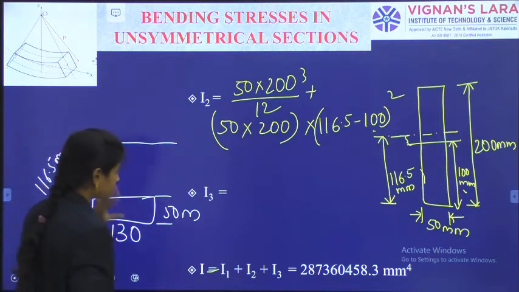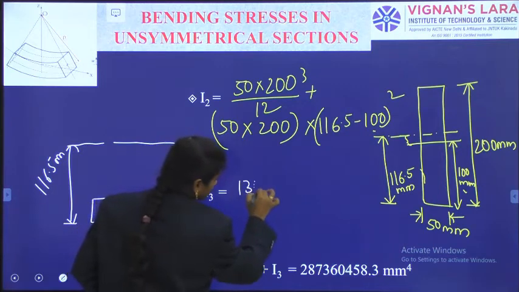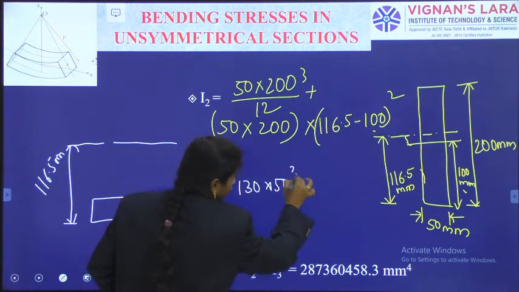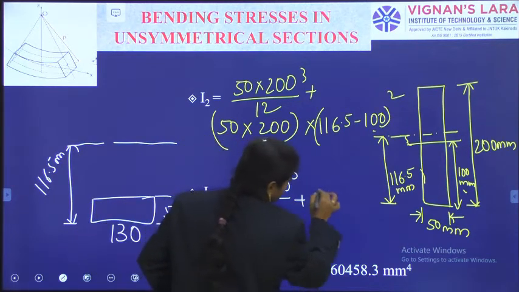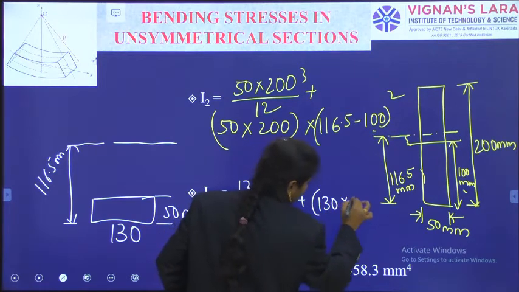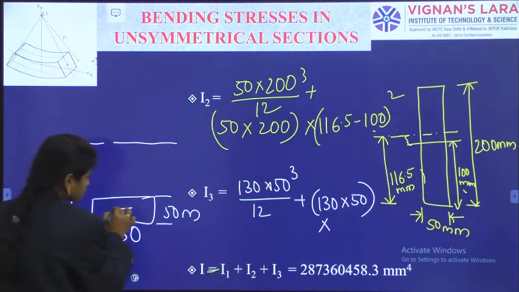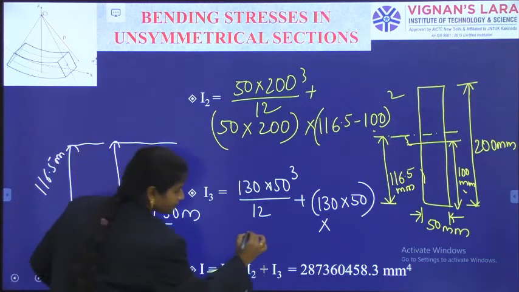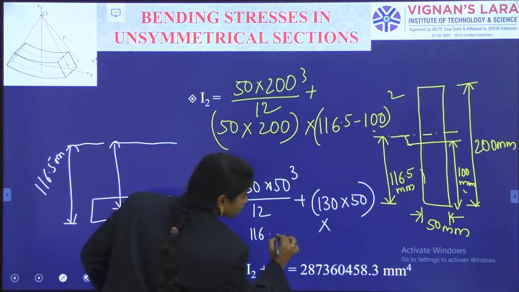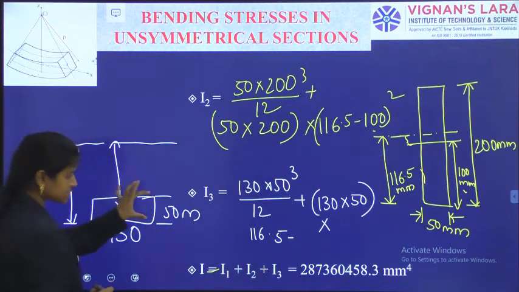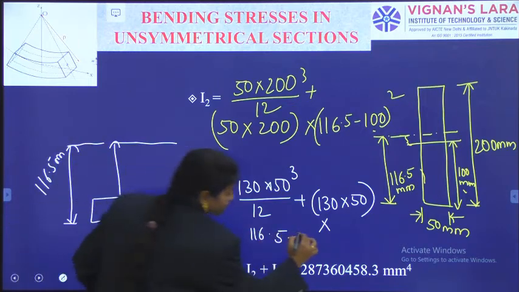Okay, now for this portion, B 130 into D 50 cube divided by 12, plus A, 130 into 50, and the perpendicular distance of the centroidal axis from the overall centroidal axis is 116.5 minus, what is this distance? 50. That's my y2.